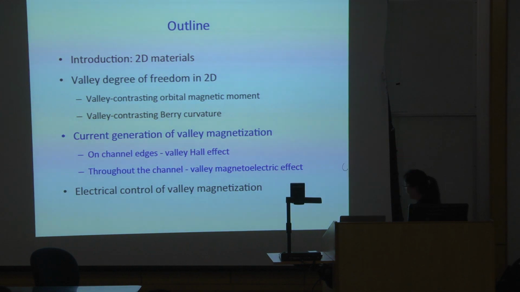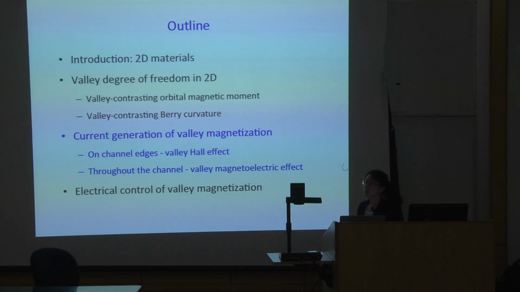Okay, so I talked about how to generate a valley magnetization either on the edges by the valley Hall effect or throughout the channel using this strained sample. We call it the magnetoelectric effect.